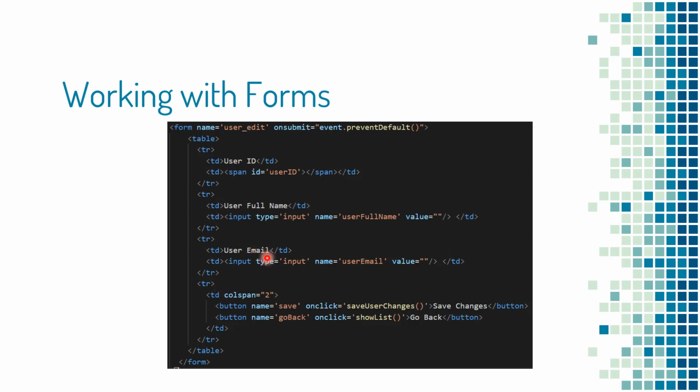So in this case, it's really important to have this line here, which is the onsubmit event preventDefault. The preventDefault means that when you click on submit, the data will not be sent through the HTML functionality. When you use this line, it means do not use the default behavior, which is using HTML for sending the form data.